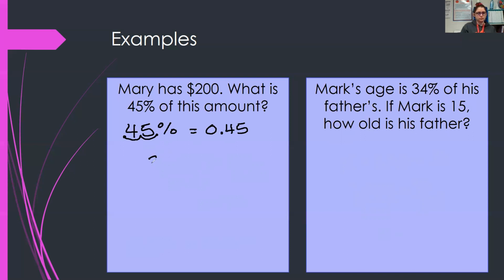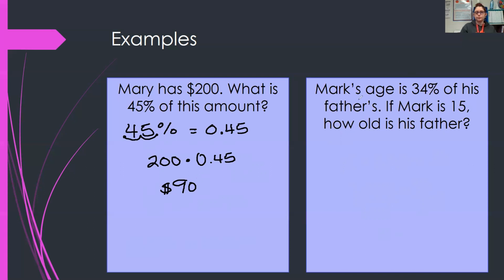So 200 times 0.45 will give us our answer. So 200 times 0.45, 90. This is money. So 45% of $200 is $90.